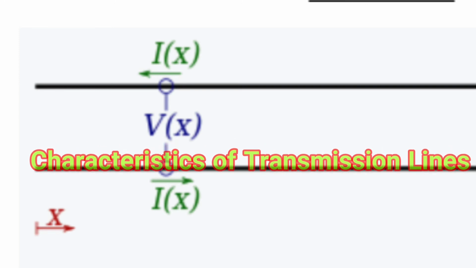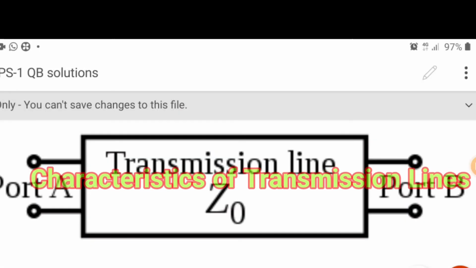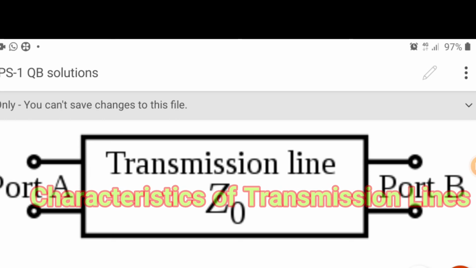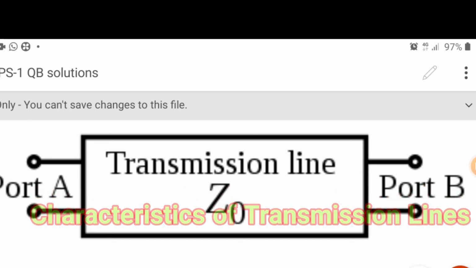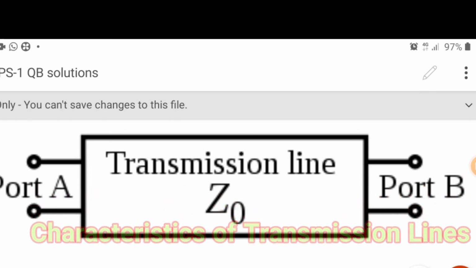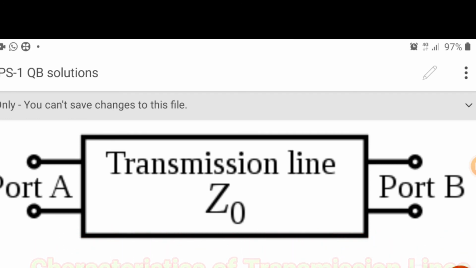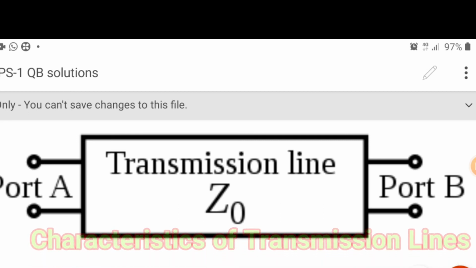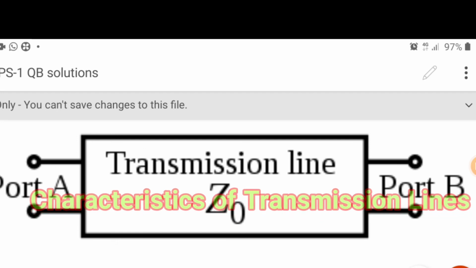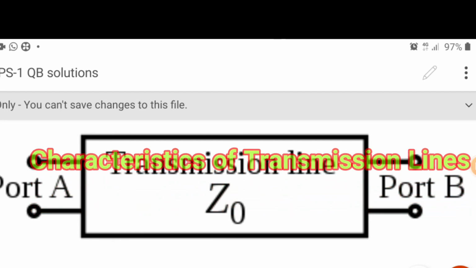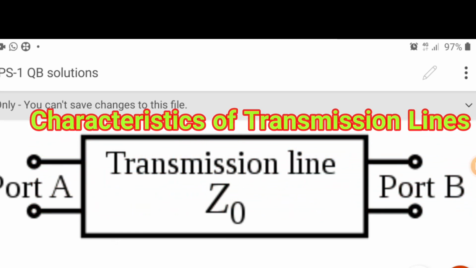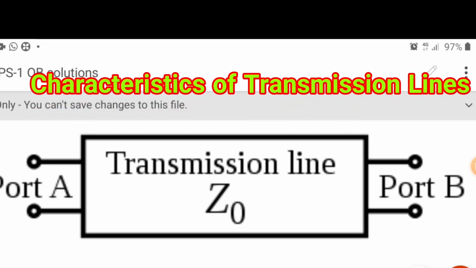The total loss of power in a transmission line is often specified in decibels per meter and usually depends on the frequency of the signal. The manufacturer often supplies a chart showing the loss in decibels per meter at a range of frequencies. A loss of 3 decibels corresponds approximately to a halving of the power.